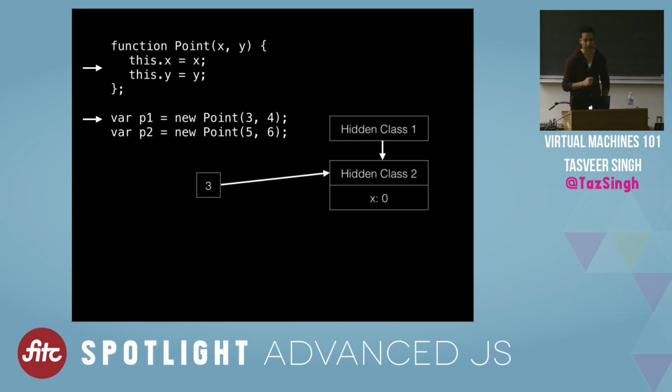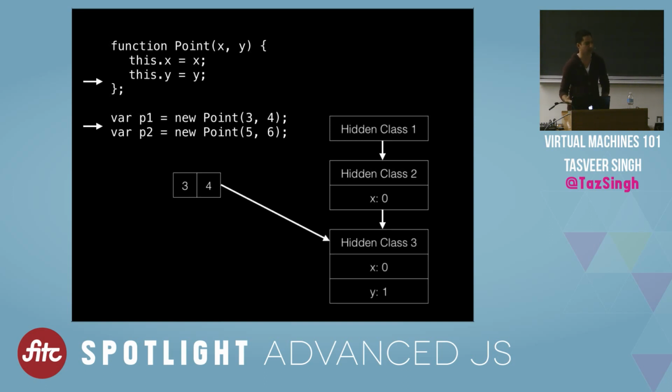So let's go ahead and add Y. Y is going to create a new hidden class, and it's going to have the property Y mapped to array offset 1 in our instance. And we can see that the value 4 resides in offset 1. Cool. So we just created three hidden classes and assigned a few numbers into their slots in our instance.